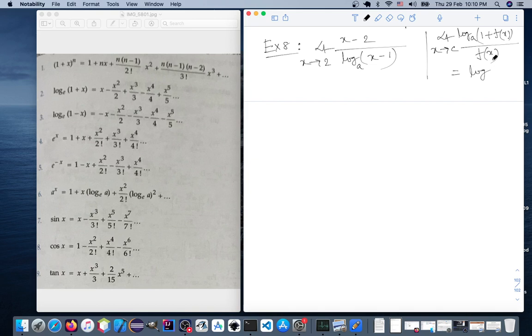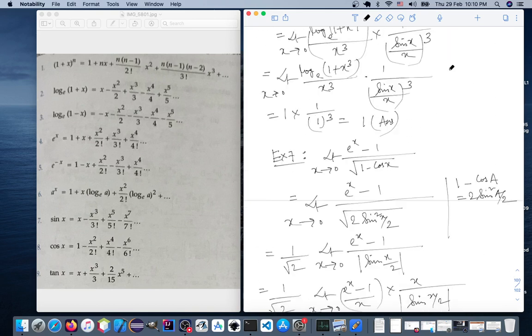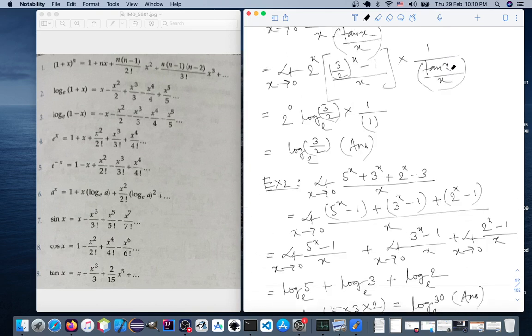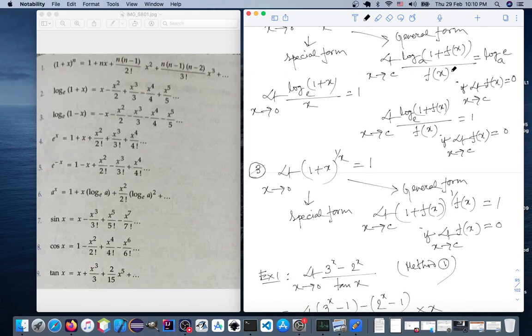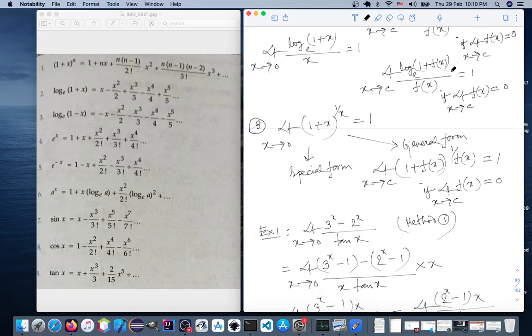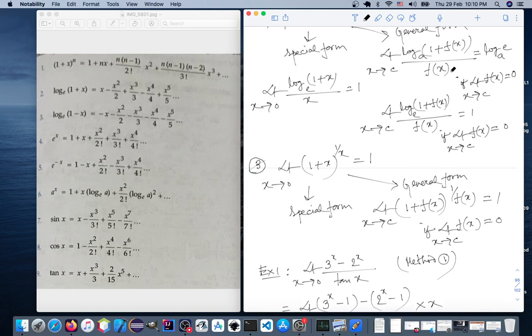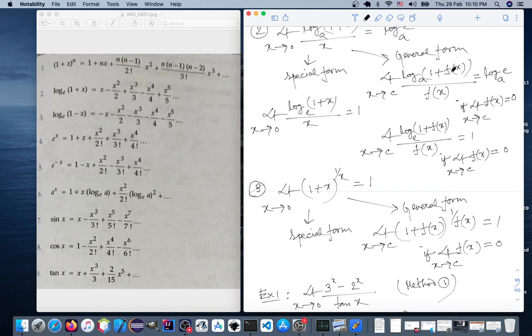What was the result? The general form was log a e.